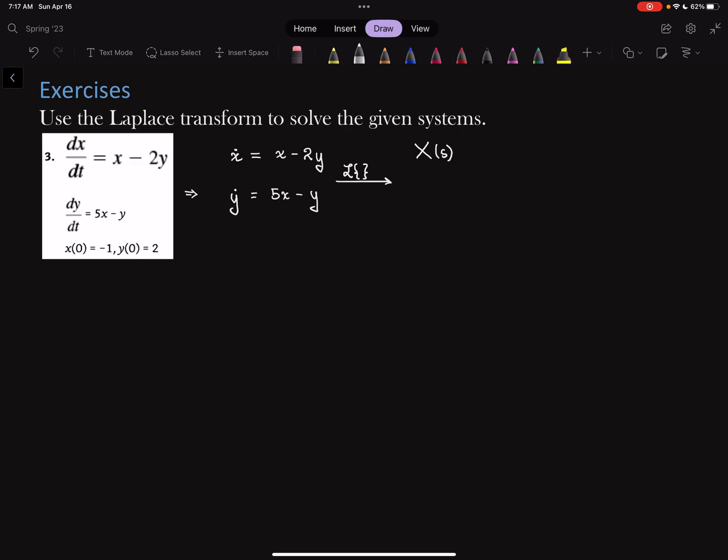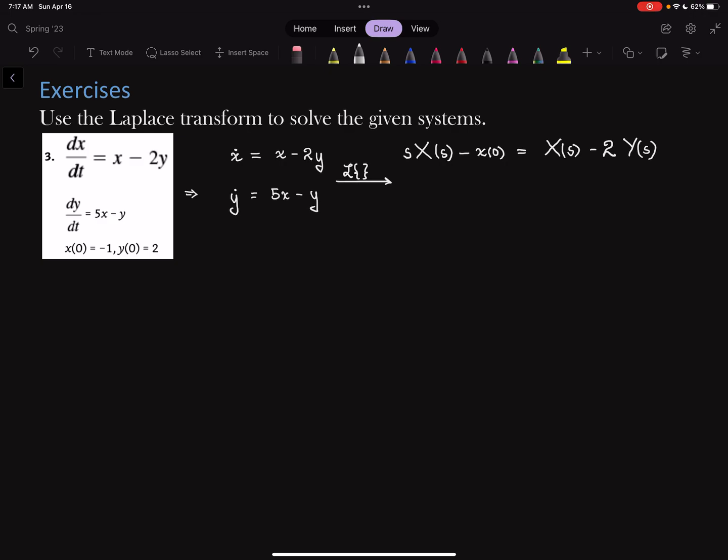So it's not just going to be big X, it's going to be s times big X minus small x of 0. And this is where we would plug our initial condition, which they gave to us. On the right-hand side, the Laplace of just x is going to be big X of, not t, of s minus 2, because they have linearity properties, so the constants can be factored out, Y of s.